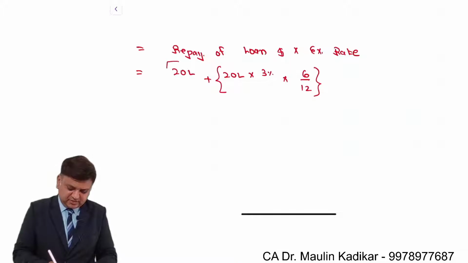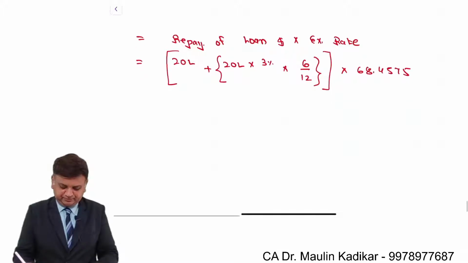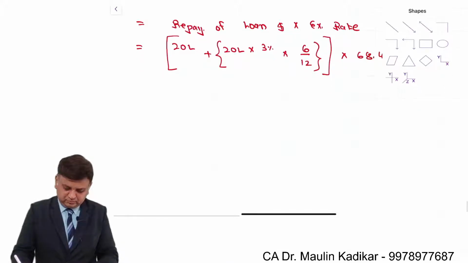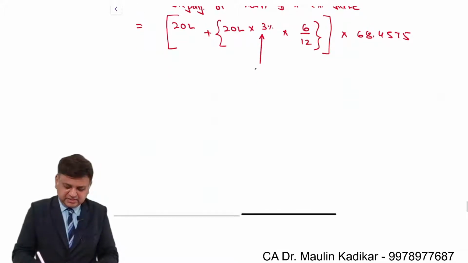So how is 3 calculated? It is 2 plus 1, into the forward exchange rate 68.4575. This 3 is calculated as 2 plus 1.